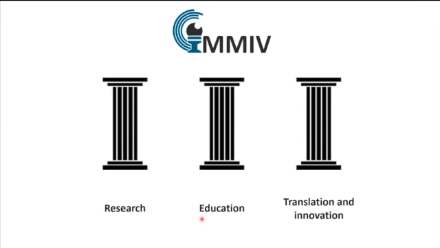Also education, we put a lot of emphasis on education because you need that to make these things work. You need to make a good ecosystem of people and expertise to make things happen. And then importantly also translate this into actual practice and innovation.